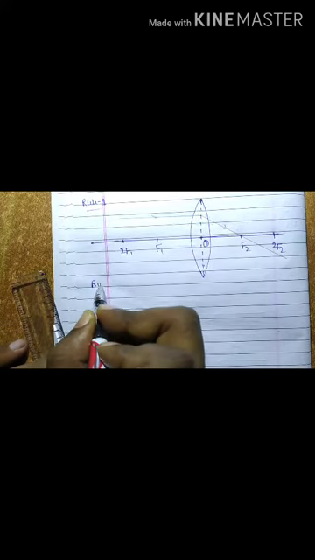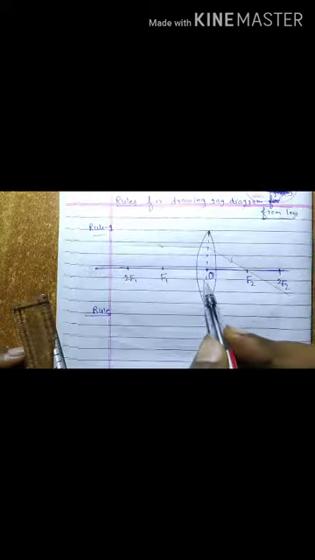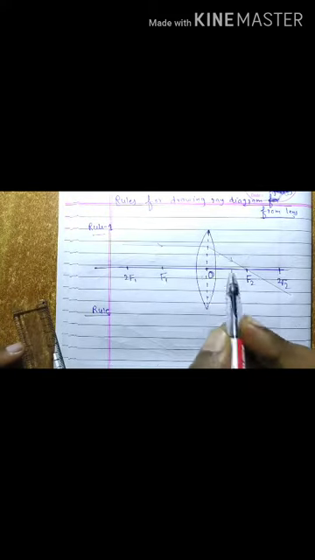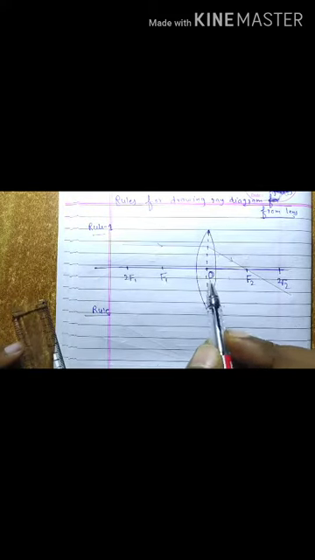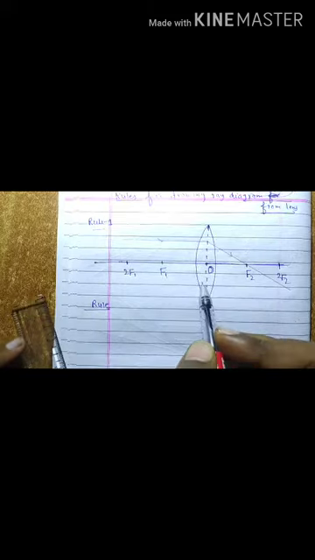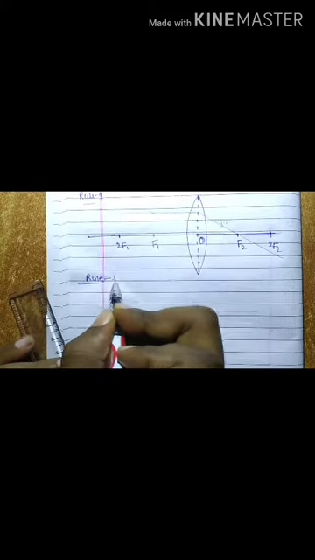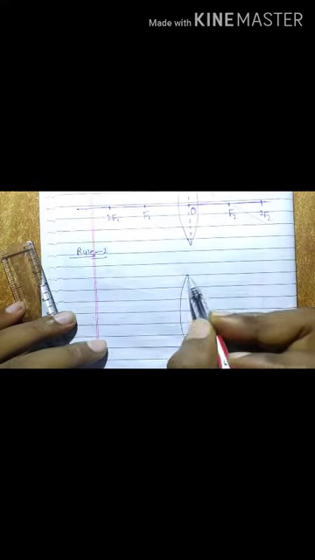Rule number 2. This is important for the formation. This rule will be used if you make a ray diagram. Again I will make a lens here, a convex lens. This point should be below this point.